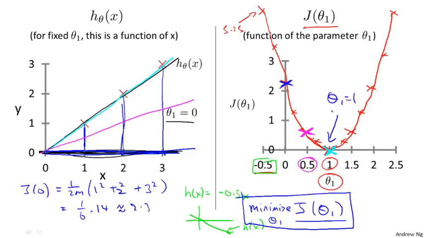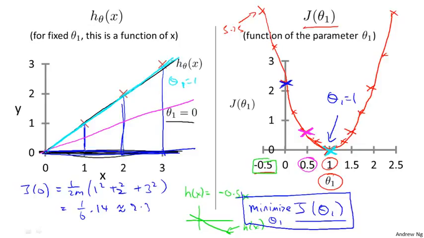And lo and behold, that is indeed the best possible straight line fit through our data. By setting theta 1 equals 1, and just for this particular training set, we actually end up fitting it perfectly. And that's why minimizing j of theta 1 corresponds to finding a straight line that fits the data well.